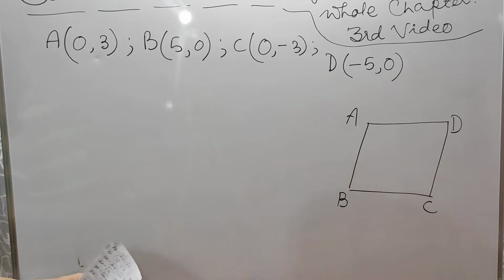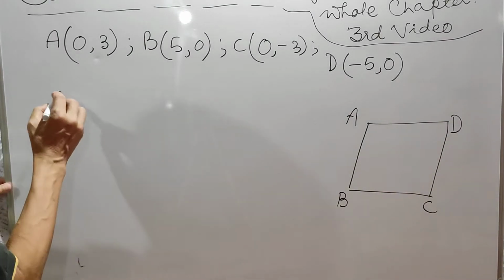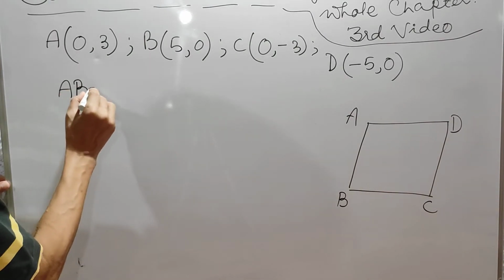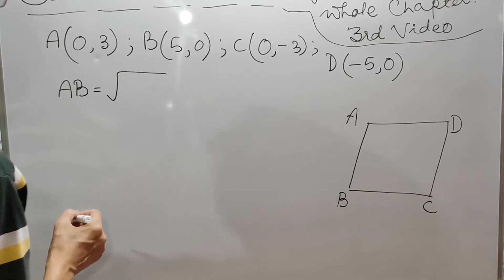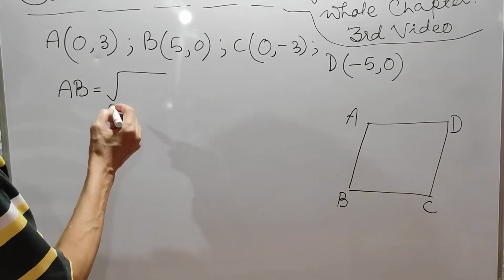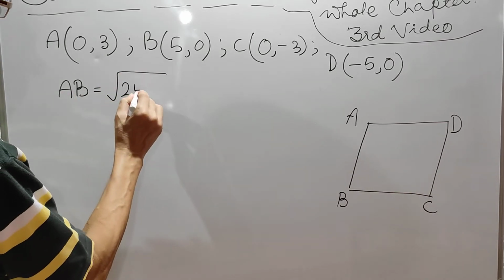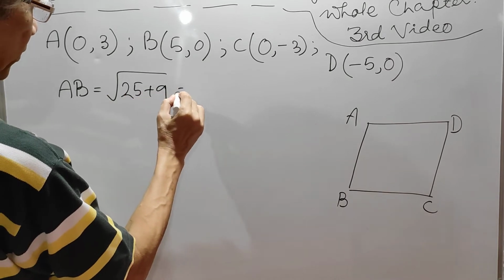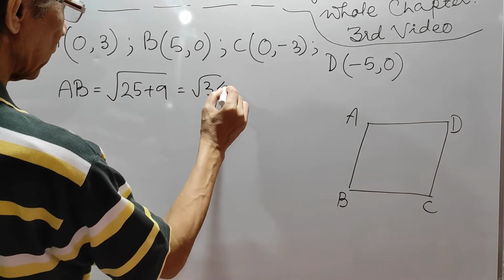Again, you have to find all the 6 sides, all the 6 straight lines. So AB equal to what? AB equal to 5 square, 25 plus 9, that means root 34.